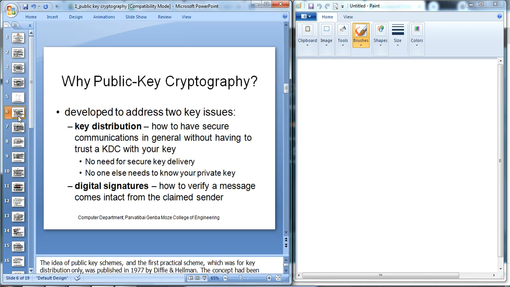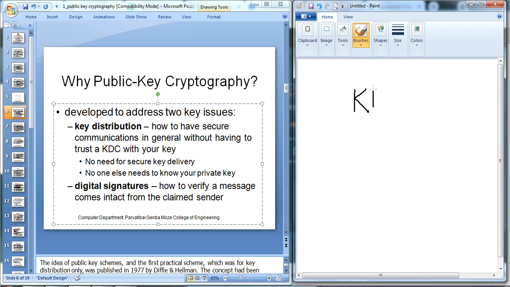Now, why public key cryptography is important: because of key distribution, how to have secure communication in general without a trusted KDC. KDC is the key distribution center, which is used to distribute the symmetric key.